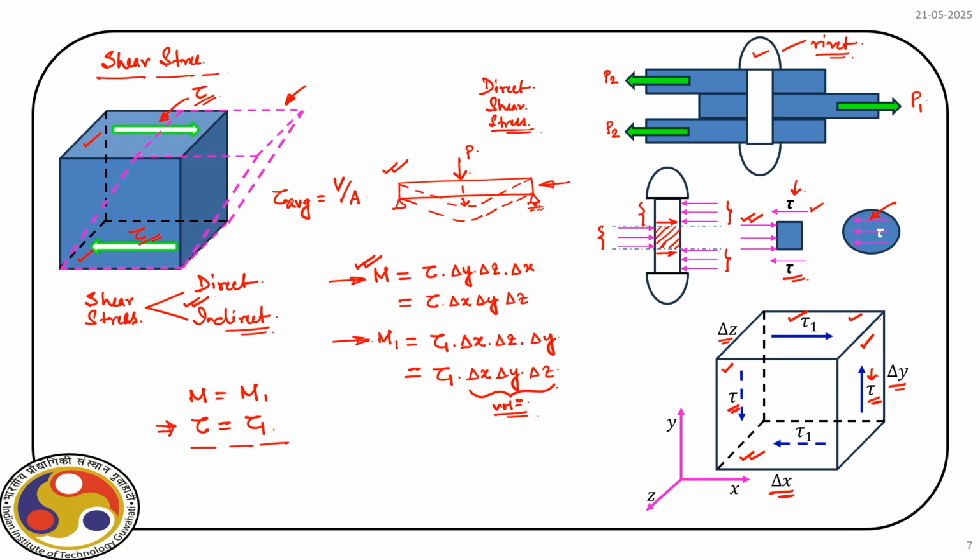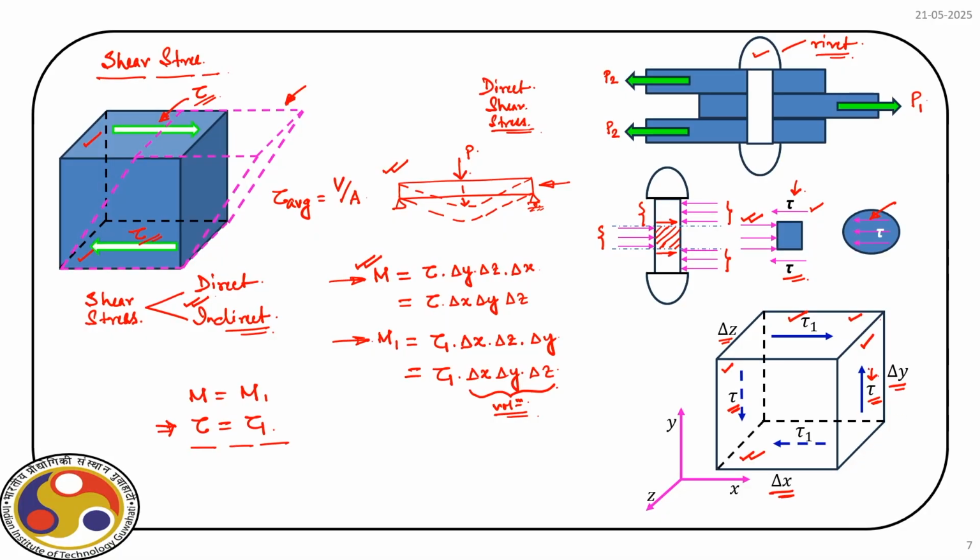So, what do we conclude? A plane is defined by its perpendicular. So, this is the x plane, and this is the y plane.